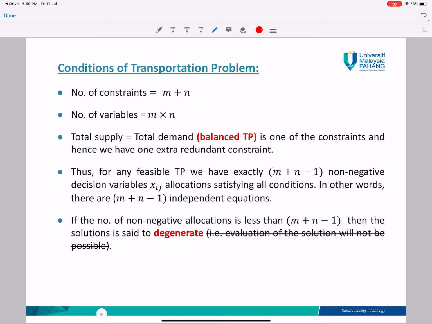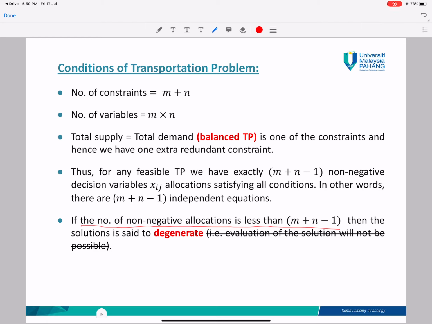And then for any feasible transportation problem, we have exactly M plus N minus 1 non-negative allocations. Okay. So kalau you ada the number of non-negative allocations is less than M plus N minus 1, then the solution is said to be degenerate.